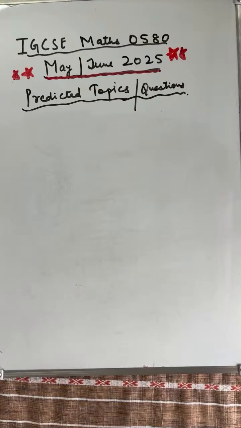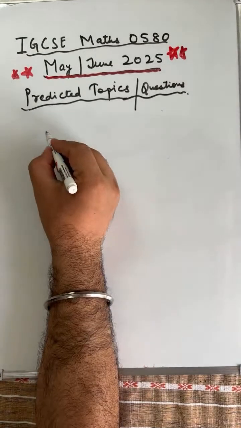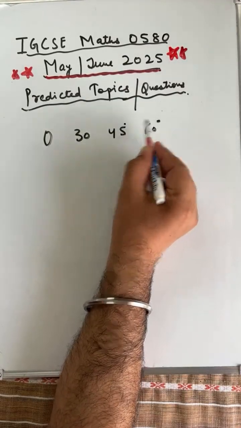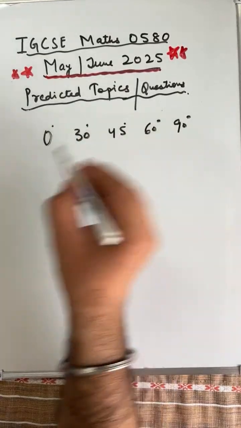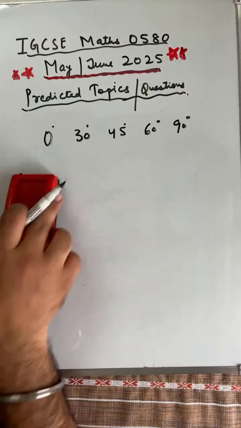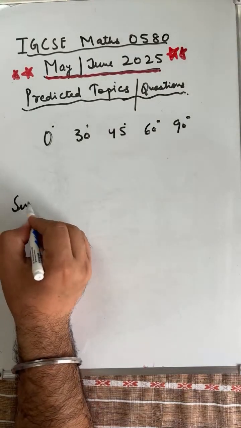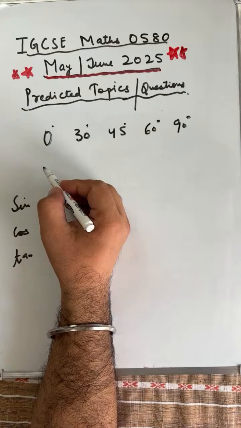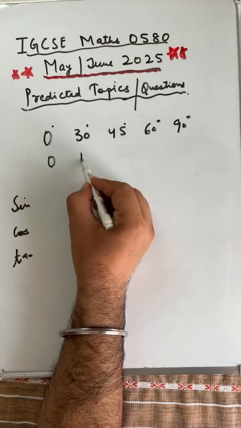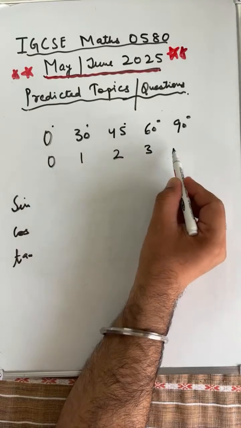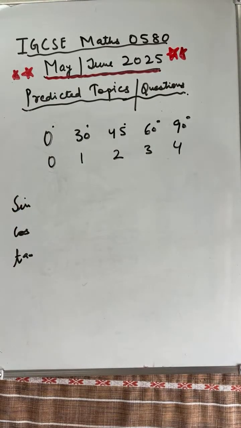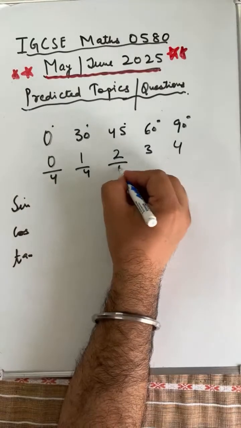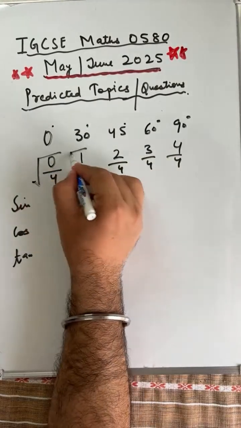But in order to understand the trick, you write 0, 1, 2, 3 and 4, divided by 4, and put the square root in there.